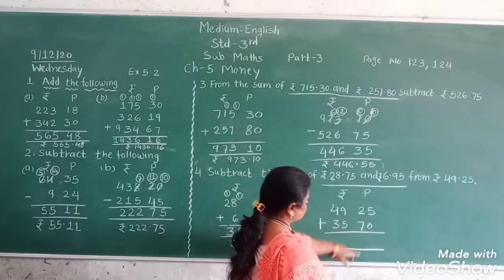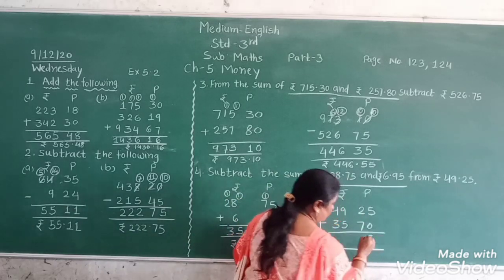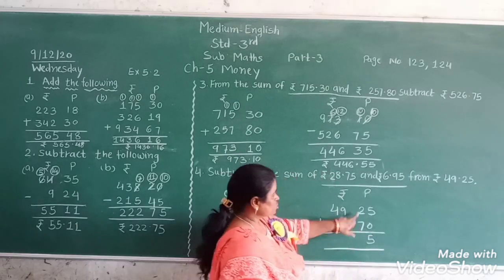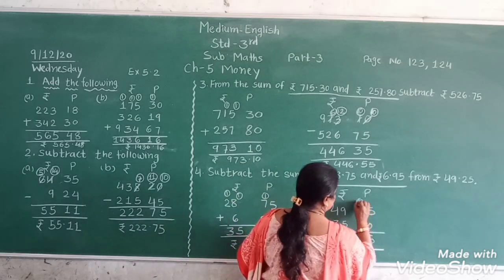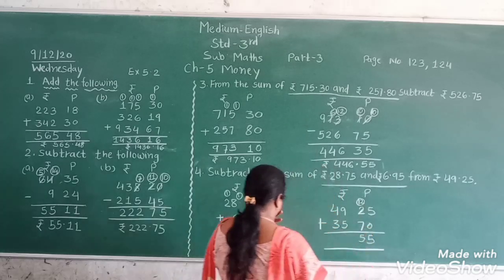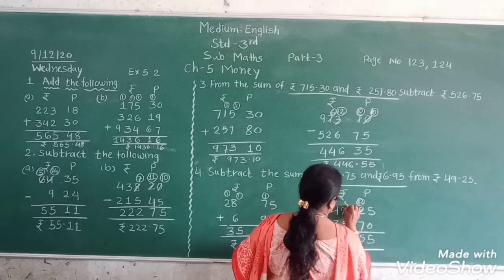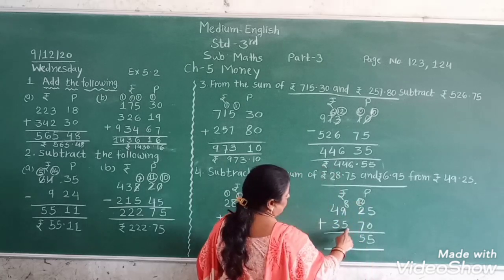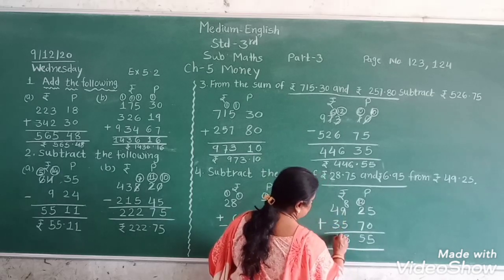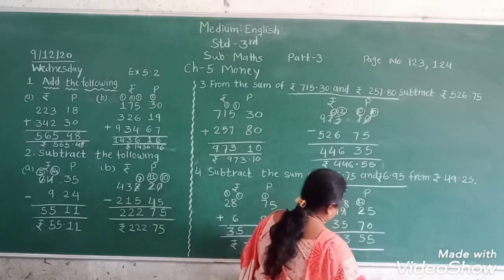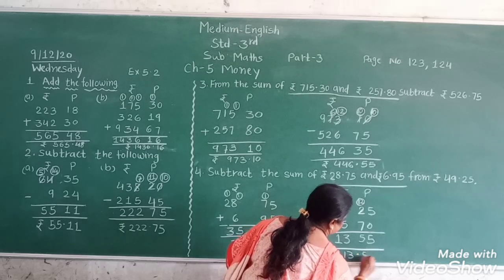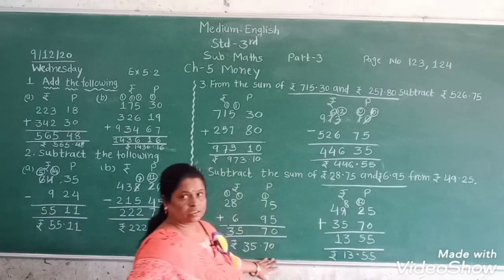Okay, 2 and 7. Big number cannot be subtracted from 2, so we take borrow 12. 12 minus 7, 5. Here left 8. 8 minus 5, 3. 4 minus 3, 1. Rupees 13 and 55 paise.